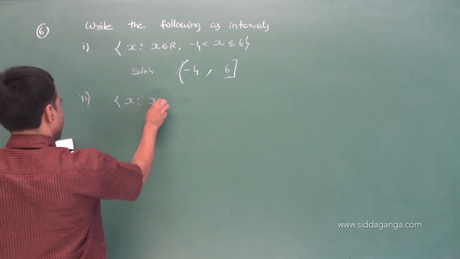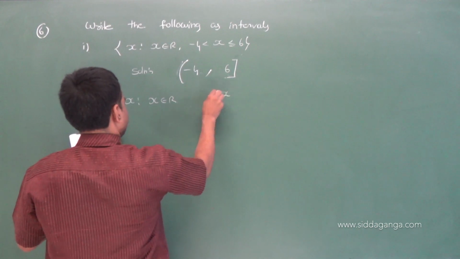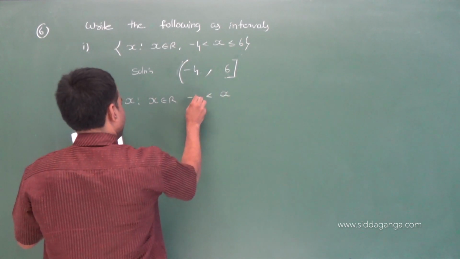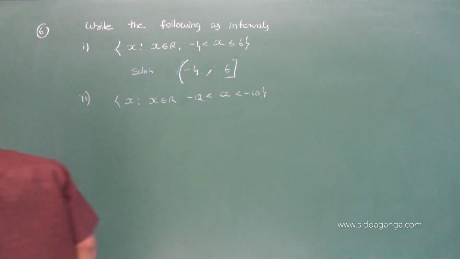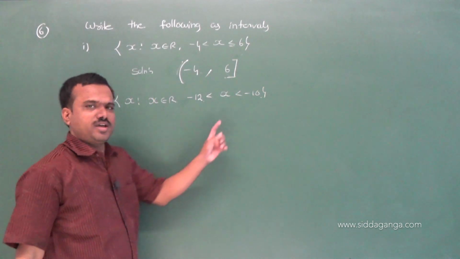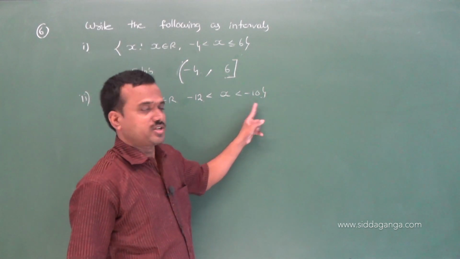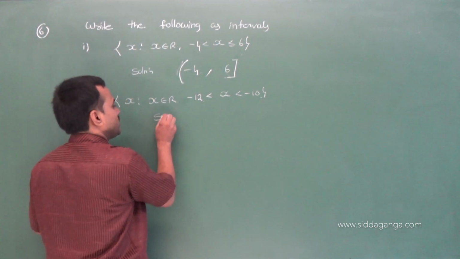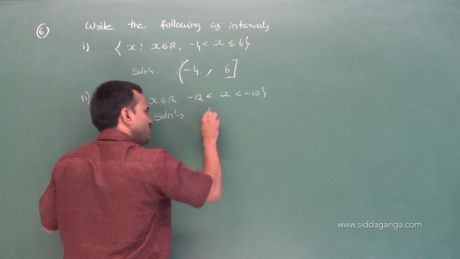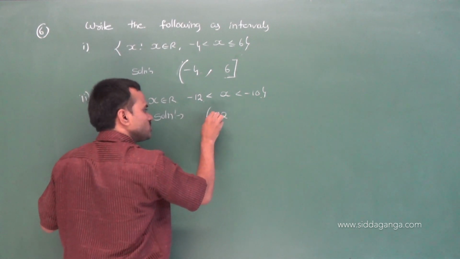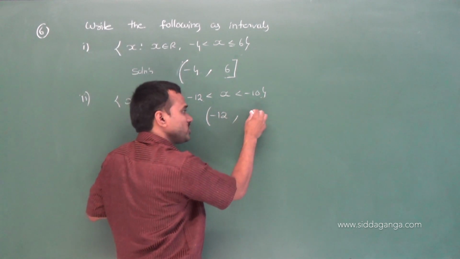X such that X belongs to R, X greater than minus 12, less than minus 10. So we have to write the interval between minus 12 and minus 10. So you know the answer. X greater than minus 12 is excluded, minus 12 comma, less than minus 10 is also excluded.